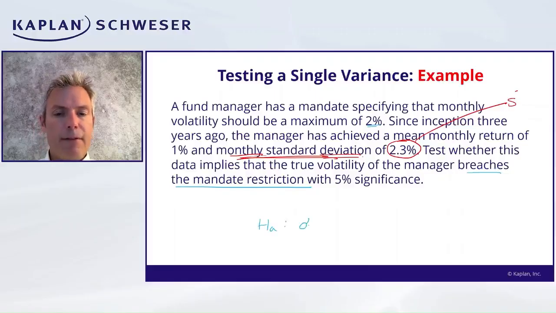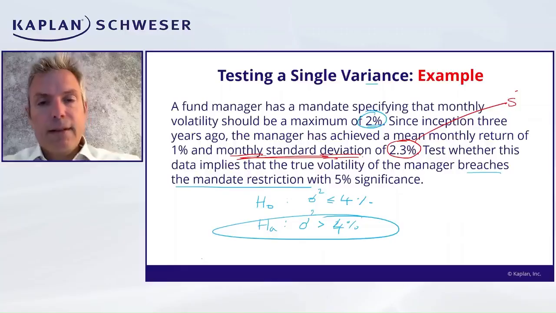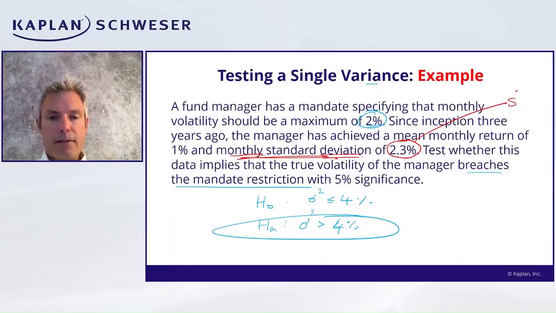We're looking for evidence that true volatility is greater than the limit, 2%, which translates into a variance statement: whether sigma squared is greater than 4%. The null, where there's nothing to worry about, is that true variance is less than or equal to 4%. We're looking for evidence of the alternative.